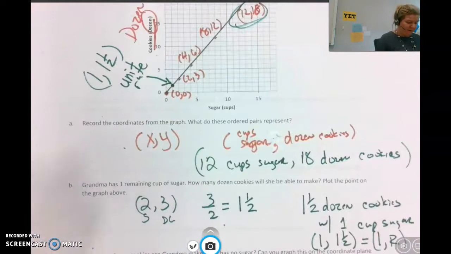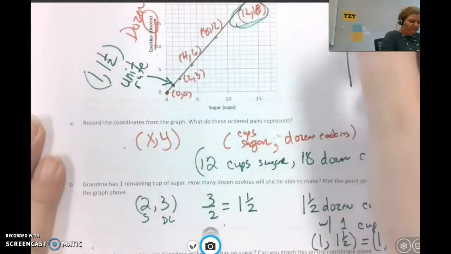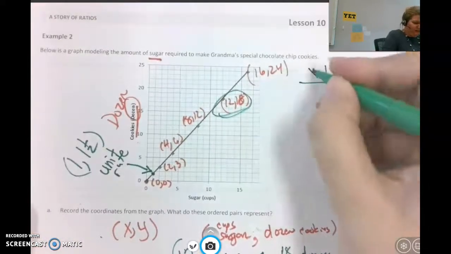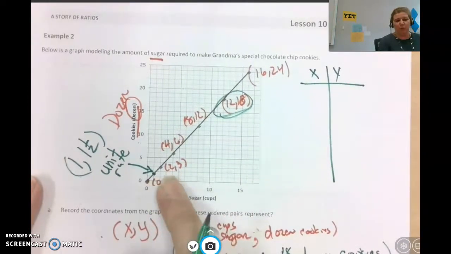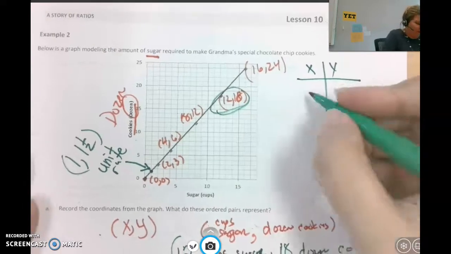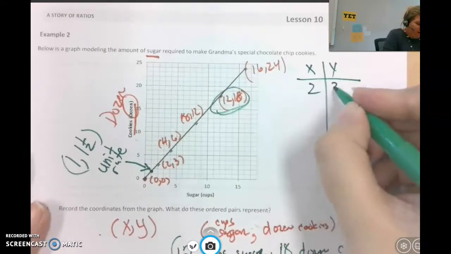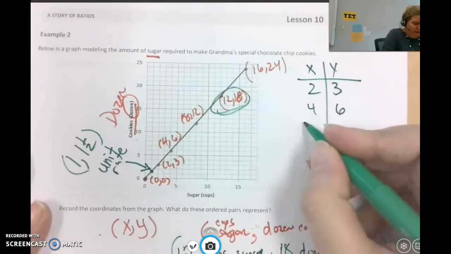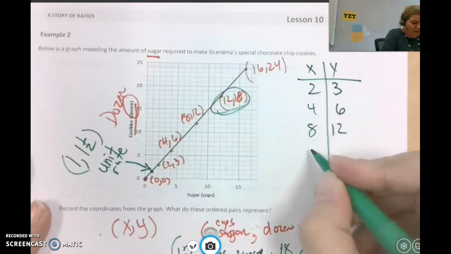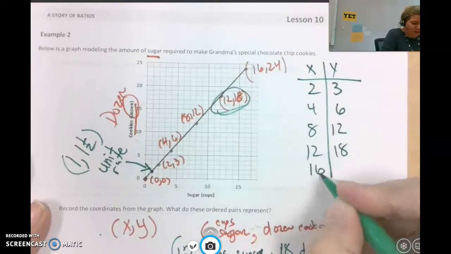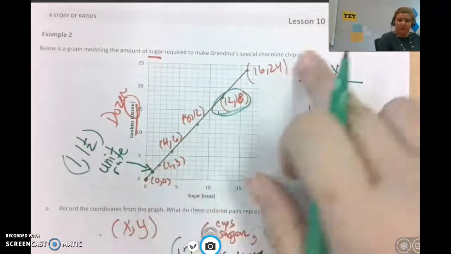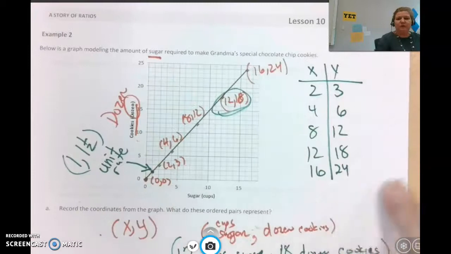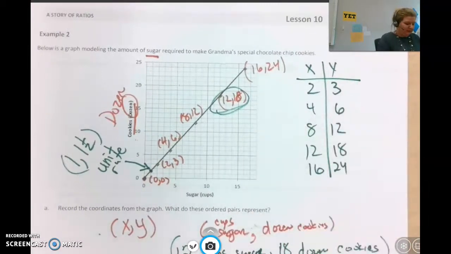Let's see, what else can we say about it? This is good to know. I just picked 2, 3 because I wanted to figure out what 1 cup of sugar was, and 2 is pretty close to it. But it's important that you recognize that you could have used any of these points. Since this is a proportional relationship, you could have used any of them to find the unit rate.